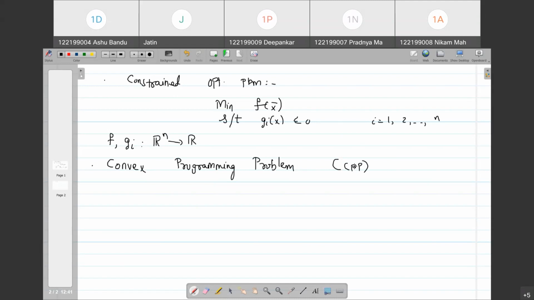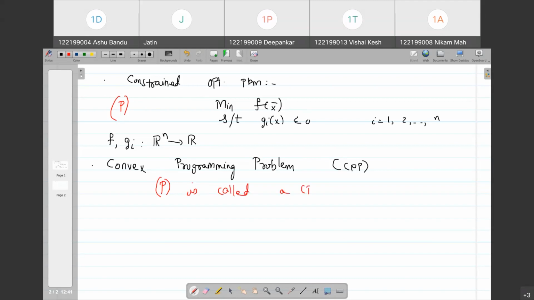LPP, NLP, IPP, CPP, these are the standard short forms you will see. So let me call this problem P. What is the problem? I have to minimize the objective function subject to the constraints gi of x less than or equal to 0.